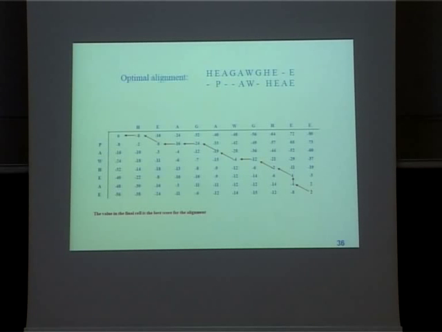We could have a score of 3 if this place was actually... I think this is coming from a gap, but let's look at this one here. Minus 19 to minus 4. I mean, the score of aligning W with a W is plus 15.